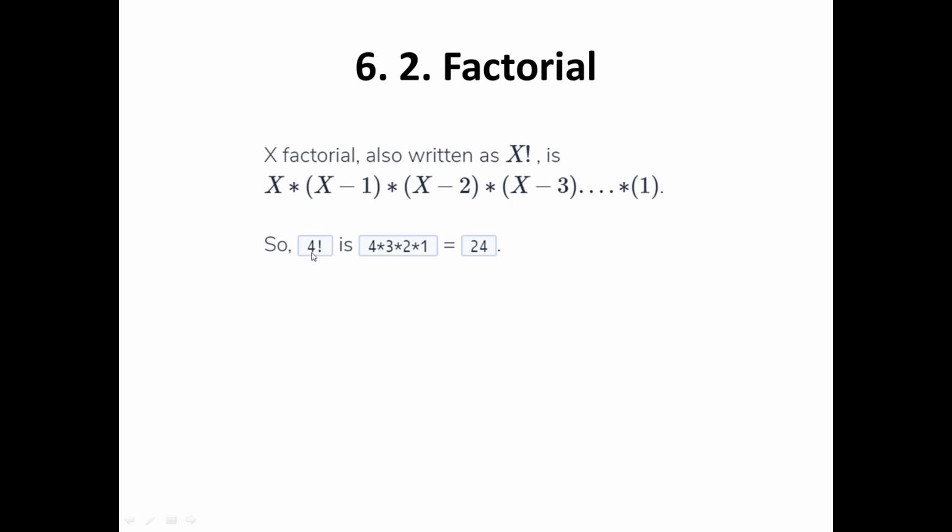So if we have 4 factorial, you start out with 4, times itself minus 1, that's 3, times itself minus 2, that's 2, times itself minus 3, etc. Okay, that gives you the 1. And if we multiply these values together, we end up with 24.